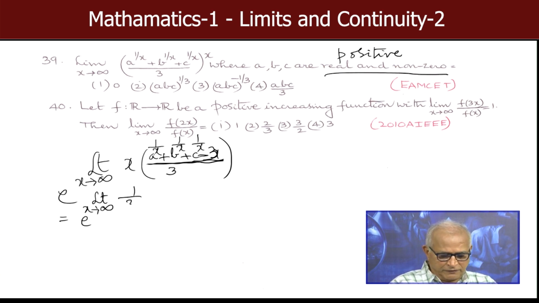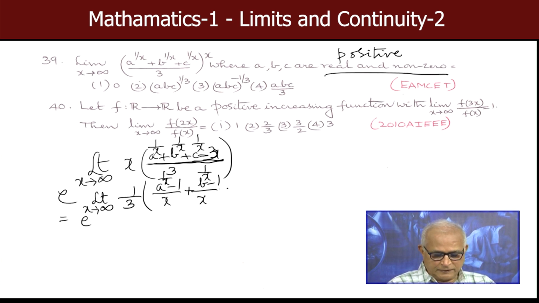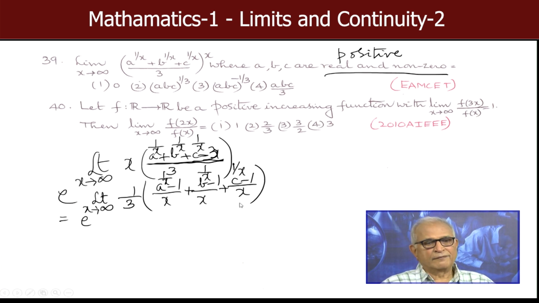I will take out 1/3 outside this parenthesis, and this can be written as a power 1 by x minus 1 by x plus b power 1 by x minus 1 by x plus c power 1 by x minus 1 by x. I hope I am clear. Follow this. A power 1 by x plus b power 1 by x plus c power 1 by x minus 3 whole by 3. I split this 3 as 1 minus 1 minus 1 minus 1.